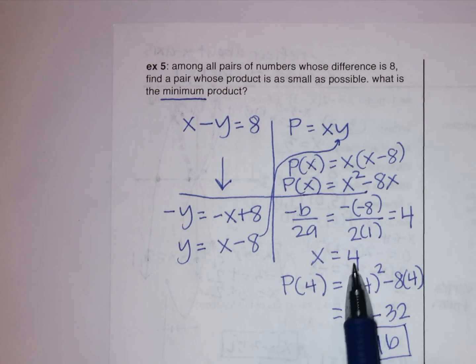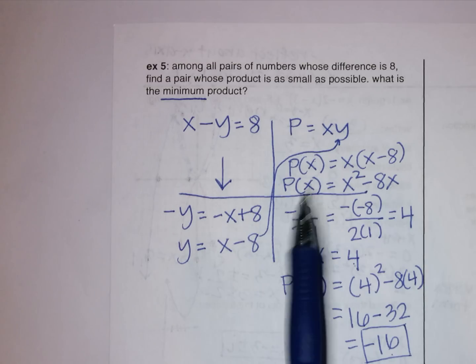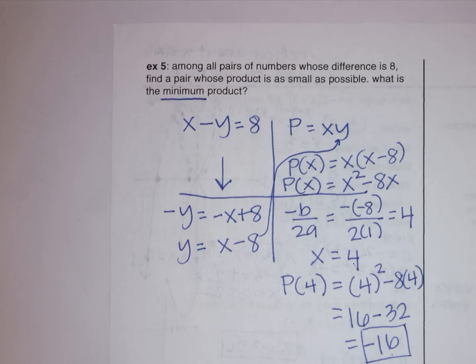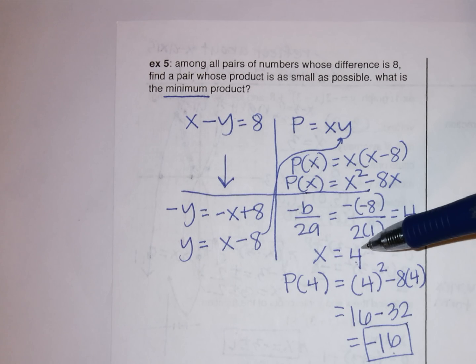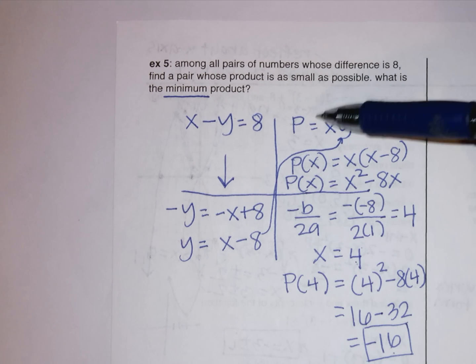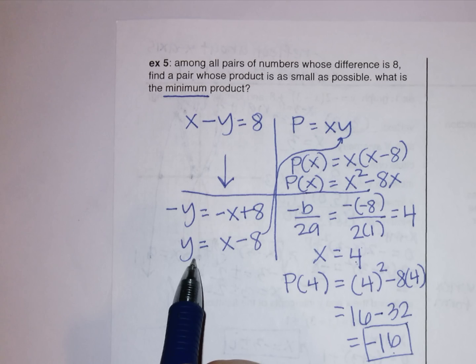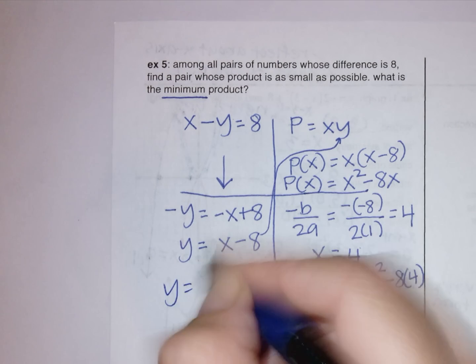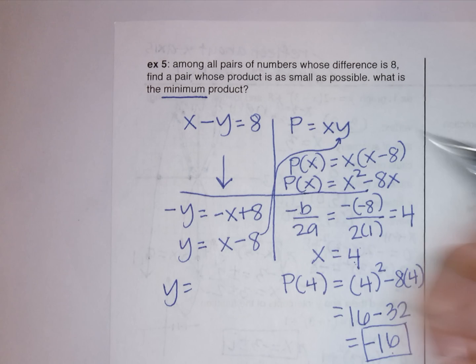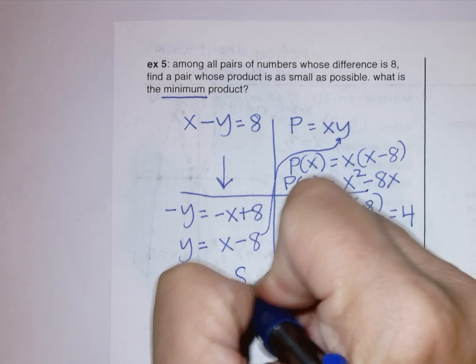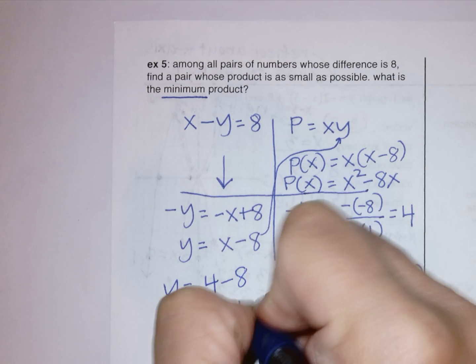So if we have x equals 4 and we know the product is -16 because we plugged it into the product function, then what would be the other number? Well, you have two choices. You can either go -16 divided by 4 using the product equation, or you can come over to this, because y is representing the other number, and just plug in 4 minus 8, so y equals -4.